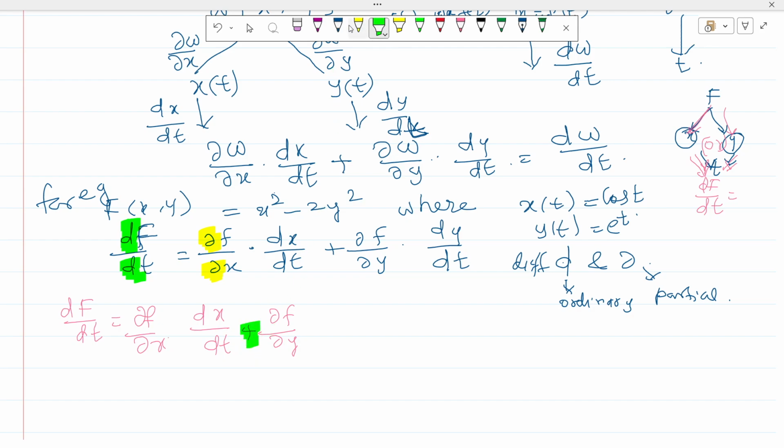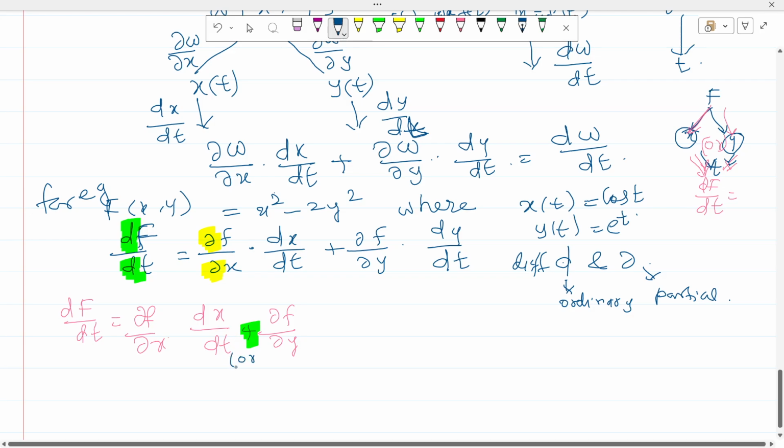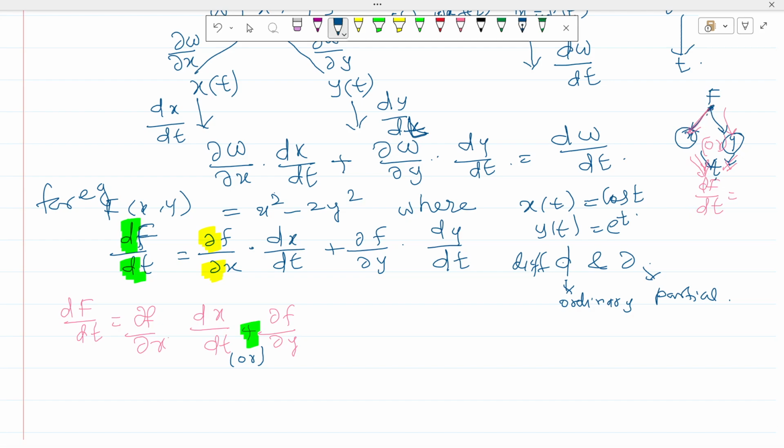This plus means or: I can reach from f to t through the path x or through the path y. So you have to find dou f by dou x, dou f by dou y, dx by dt, dy by dt, then substitute in the formula.